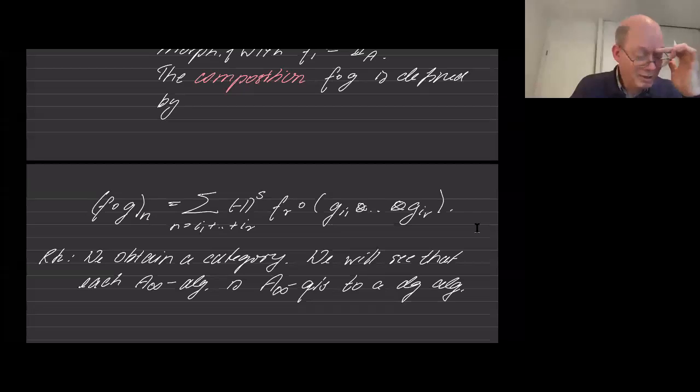So up to A infinity quasi-isomorphism, we don't really need A infinity algebras, just from some point of view.